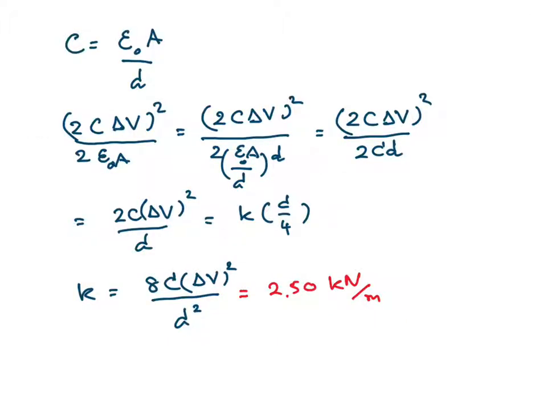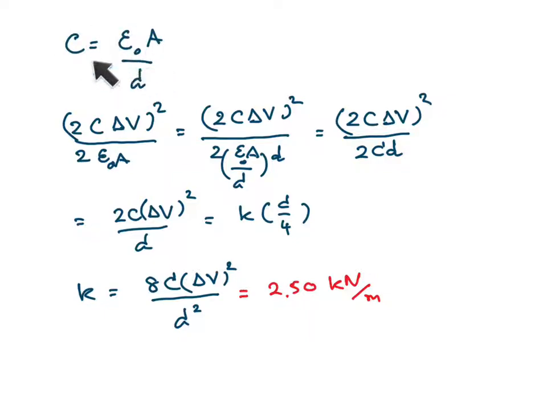Now, we need some trick from the expression of the capacitor. We know that C is equal to epsilon naught A over D.